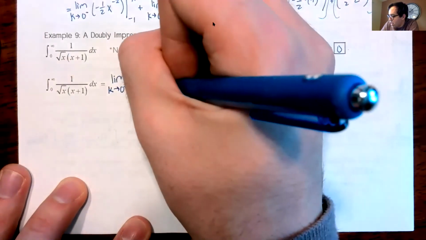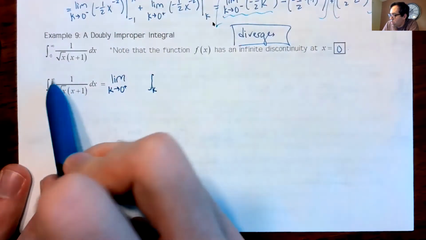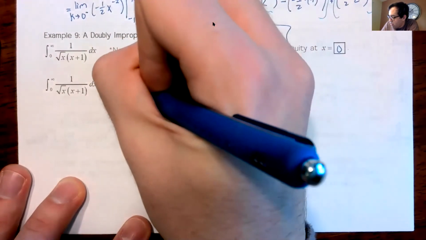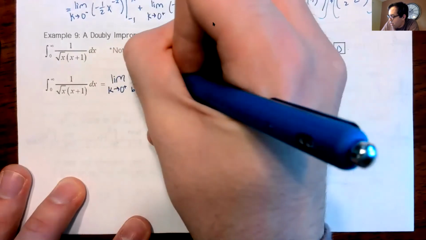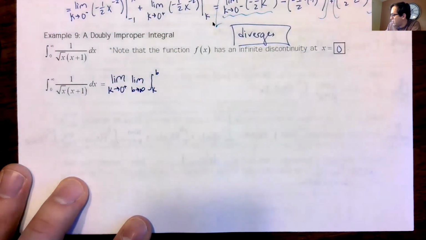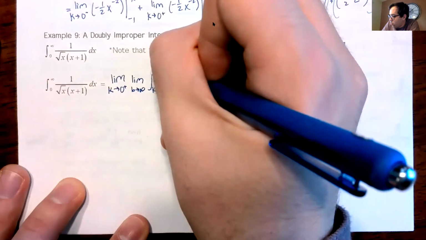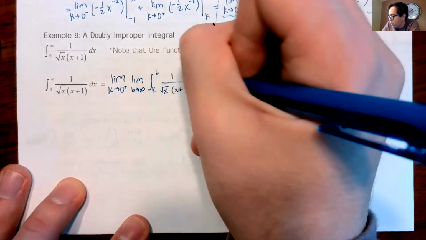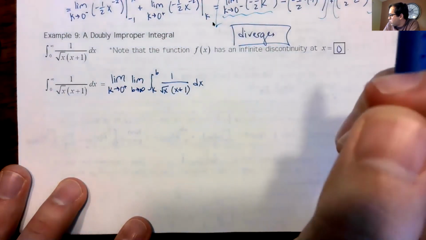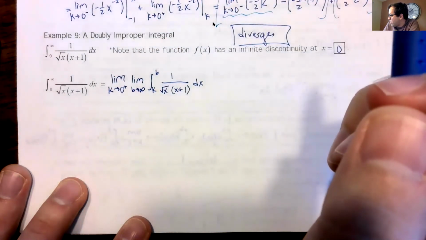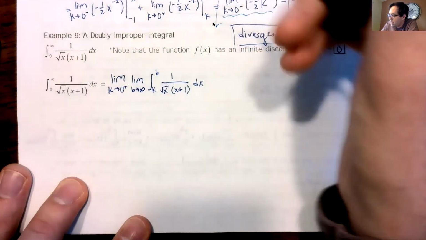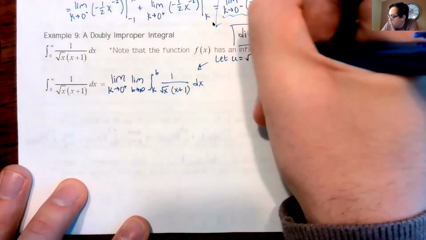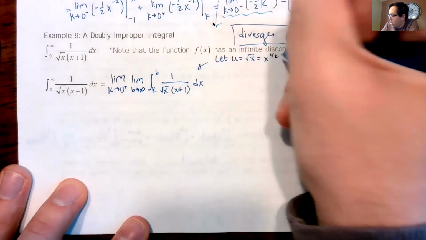And so that's going to be replaced by k, but we also need to replace that infinity. So we're also going to have a double limit. It's going to be the limit as b approaches infinity. So now our integral is from k to b. And so we have 1 over the square root of x times x plus 1 dx. I am going to say that we should let u equal the square root of x, or x to the 1/2.